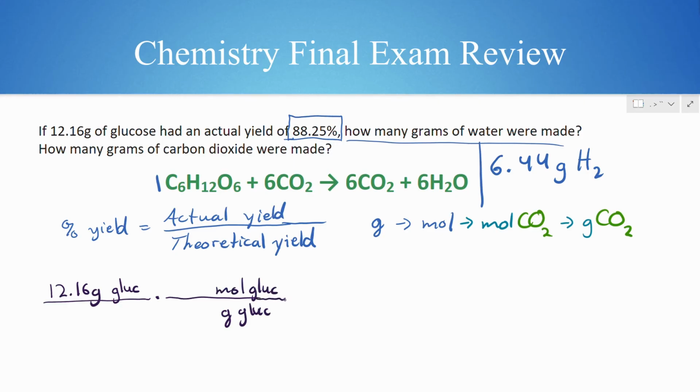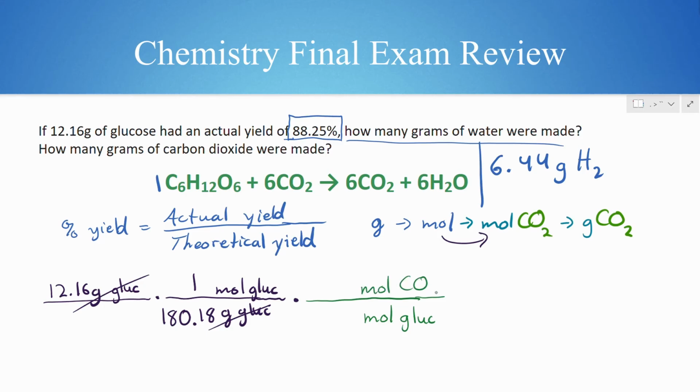So in 1 mole of this we have 180.18, and now grams of glucose go away and we're left with moles of glucose, which need to be converted to moles of carbon dioxide. So moles of glucose will go on the bottom because that's what we want to cancel out, and moles of carbon dioxide will go on the top.